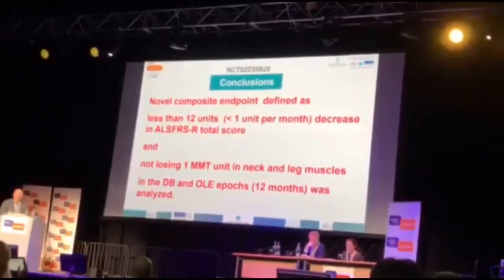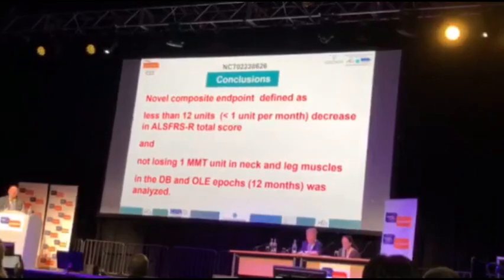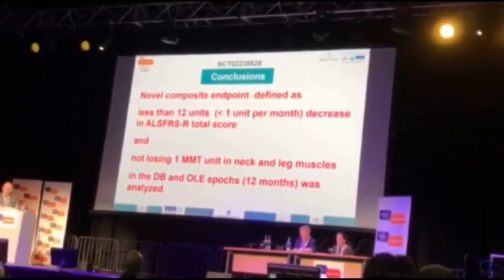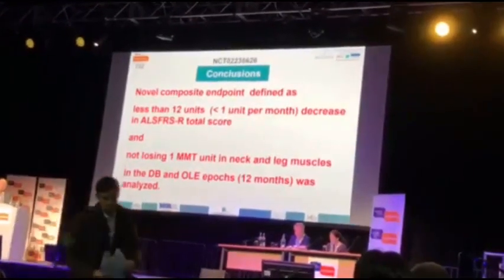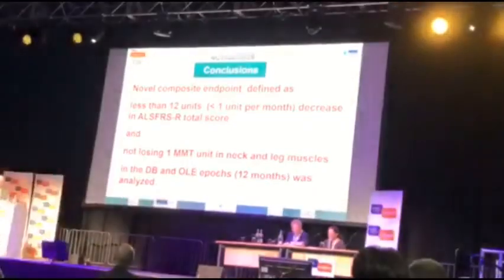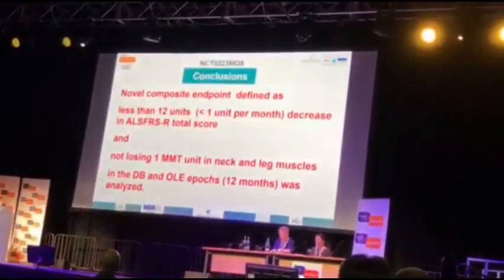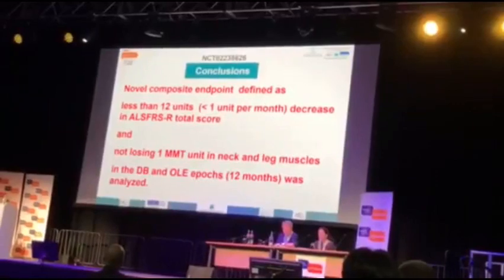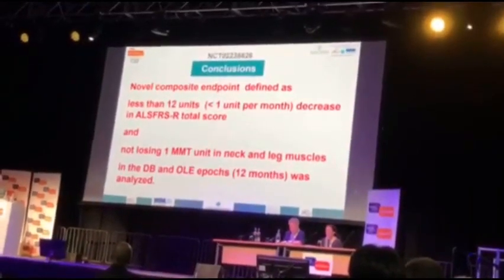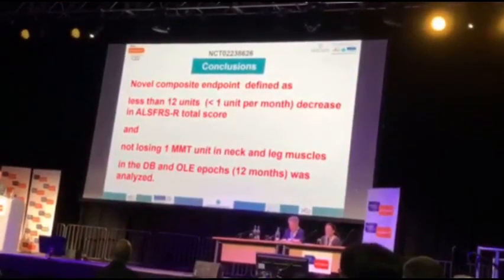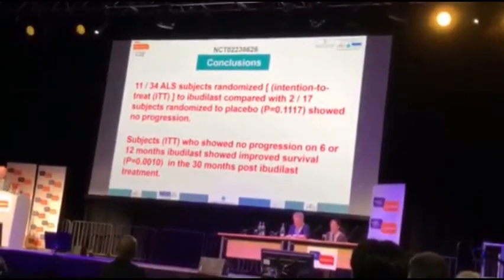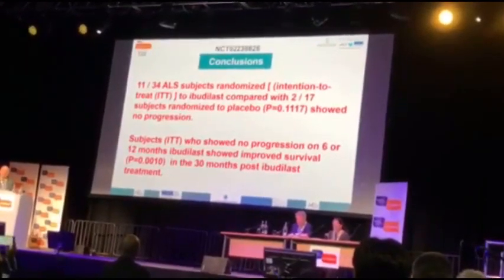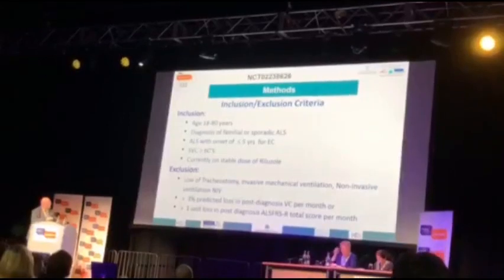So in conclusion, we have a novel composite endpoint defined as less than 12 units, less than 1 unit per month decrease. We had required that going in, and not losing one muscle point in neck and leg muscles in the double-blind open-label epic. 11 of 34 patients randomized, intention to treat, greater than 60%.